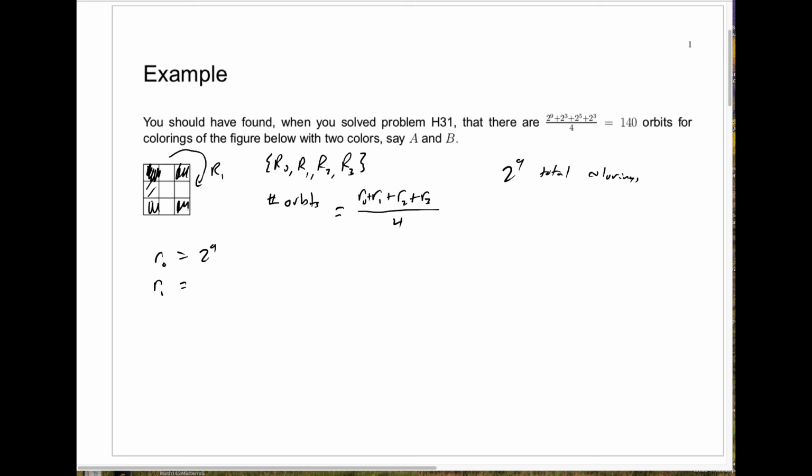Similarly, whatever is here has to be the same as whatever is here, and here, and here. And whatever's in the middle, that can be any color we want. So, how many different colorings are there? We have two choices for which color goes in all the corners. We have two choices for which color goes in all the middle edge squares, and two choices for which color goes right in the middle. In all, we have 2 to the 3rd choices for a coloring that's fixed by the rotation R1.